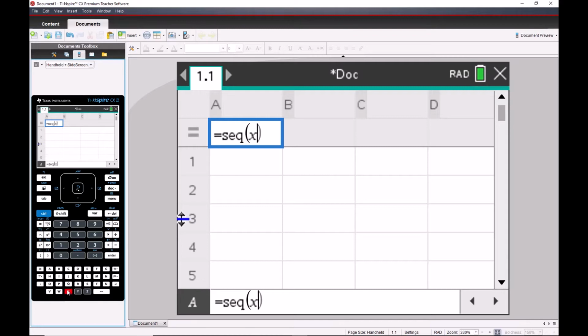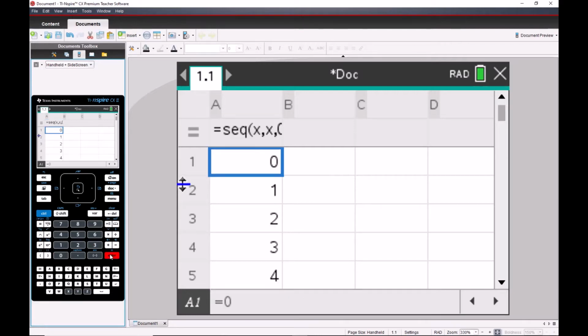So this will be X and a comma, and another X and a comma. It's like it's just saying we need a sequence to go from one X to another, and then we want the actual numbers that it needs to go from and to. So 0, comma, and 30. And when you hit enter, that's it. That's the numbers 0 through 30, and you didn't have to type them in all yourself.